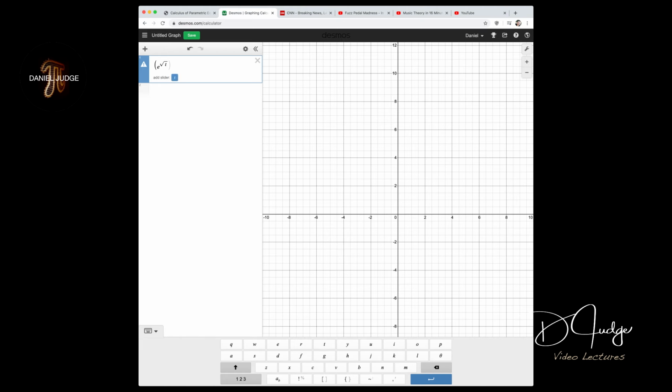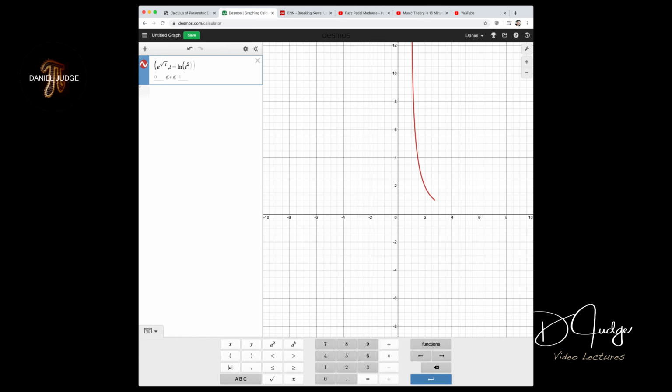Now I'm going to put a comma, and that's t minus natural log t, raised to the second power. And it can't be 0. And let's change that value, let's say 6.